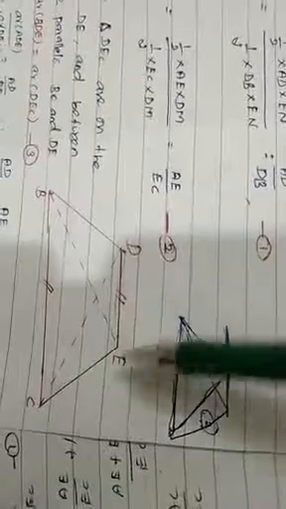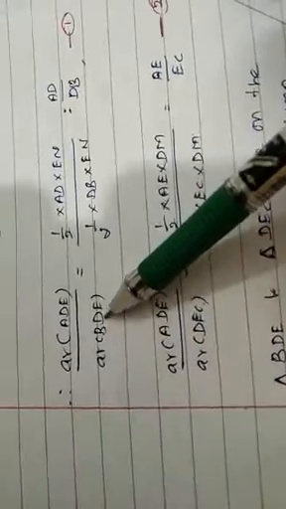The areas of triangle BDE and DEC are equal. If the two triangles are equal, I can replace one in the first equation and the second equation. Suppose I replace area of BDE with area of DEC.